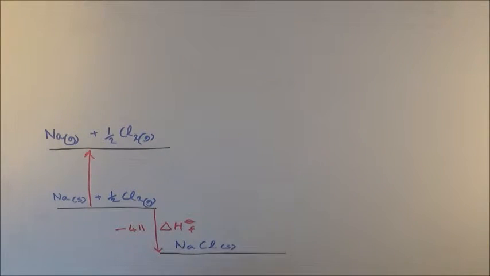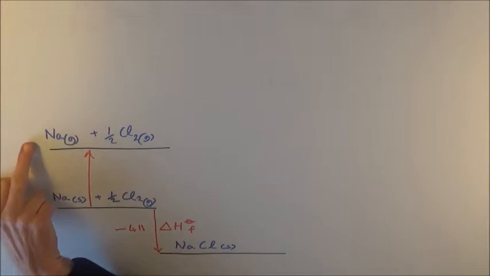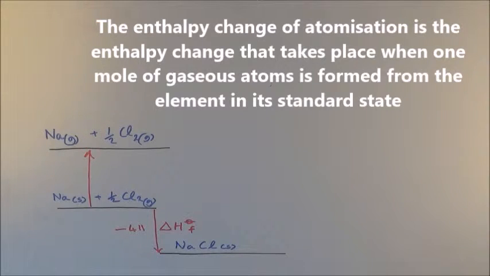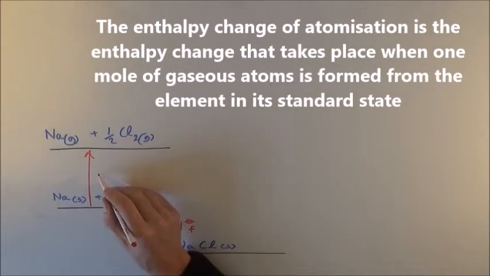All that's happening is we're going from sodium in its standard state to gaseous sodium atoms. So the enthalpy change of atomization is the enthalpy change that takes place when 1 mole of gaseous atoms is formed from its elements in the standard state. I'll just write the enthalpy change.